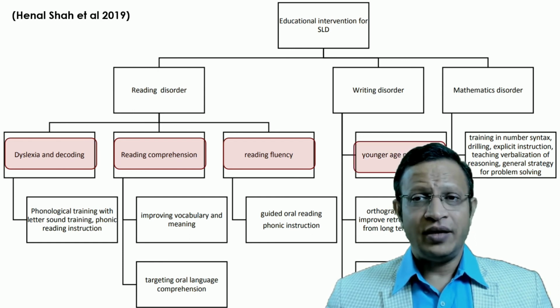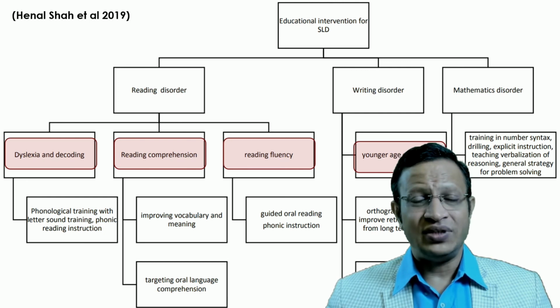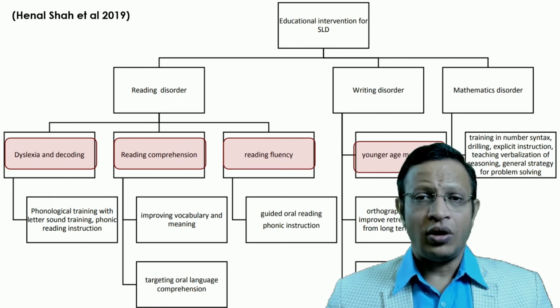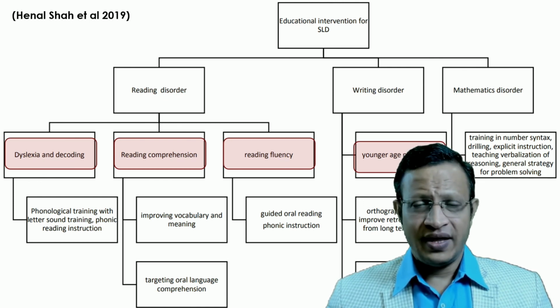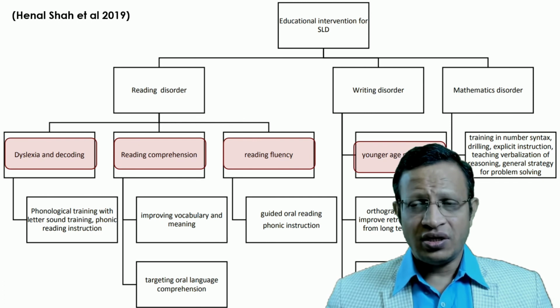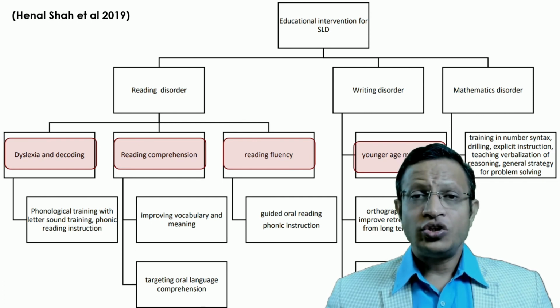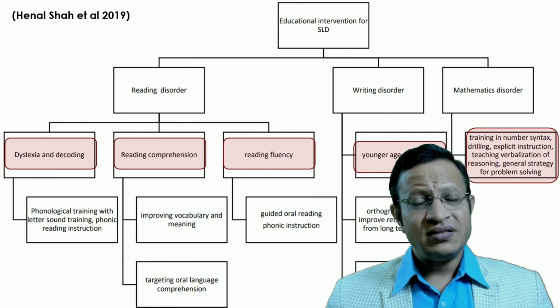If the child has a writing problem, that is dysgraphia, fine motor tasks will be done, along with orthographic tasks to improve the retrieval of letters from long-term memory, and training for higher order skills such as planning, organizing, executing, and proofreading. And finally, the mathematics. Here, training in number syntax, drilling, split instruction, teaching verbalization, and general strategy of problem solving, so that the child learns in real life.